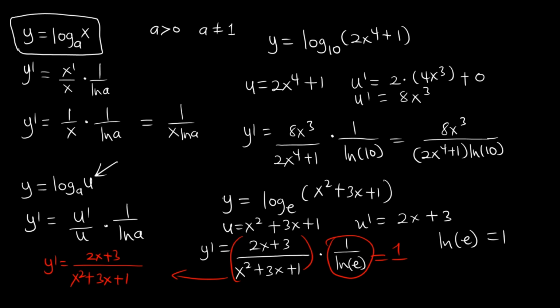Now let's try our hands on another example. With our next example, we have f of x equal to the log of 4x squared. Let's find the derivative of this function.